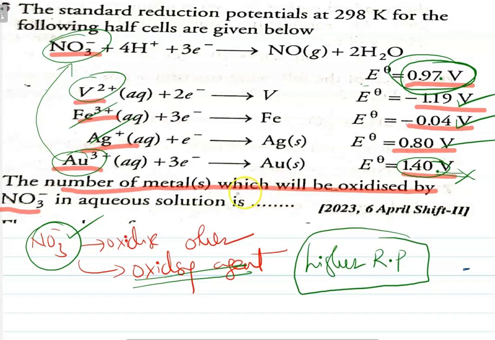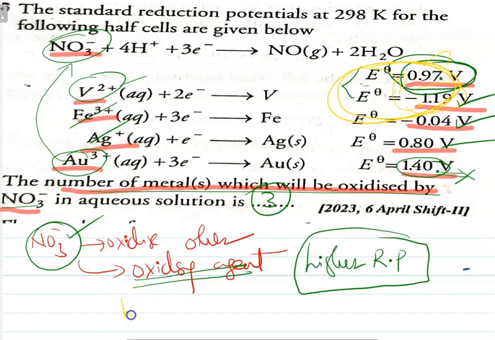But our question is how many metals can be oxidized by NO3 minus. So 1, this can be oxidized, 2, 3. So our answer is 3. The simple thing is, if two reduction potentials are given, whichever has the higher value can oxidize the lower value, and whichever has the lower value can reduce the higher value.